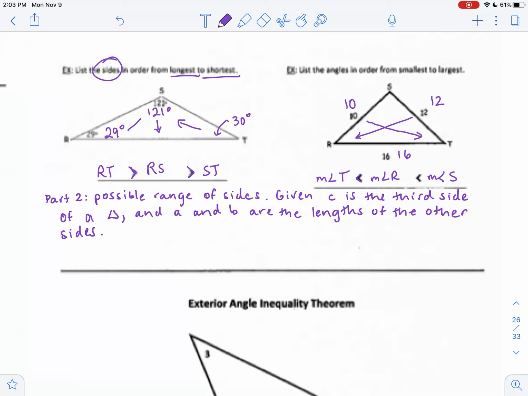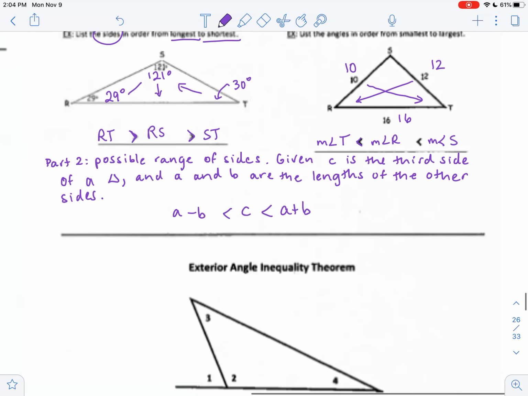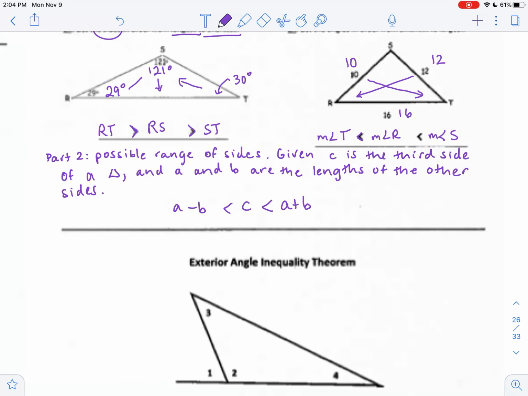We would say that if they asked you to find the range for the third side, given A and B, the third side has to be less than the sum of the other two sides, but greater than the difference of the other two sides. Okay, and we'll do a few examples on the next page for that one.